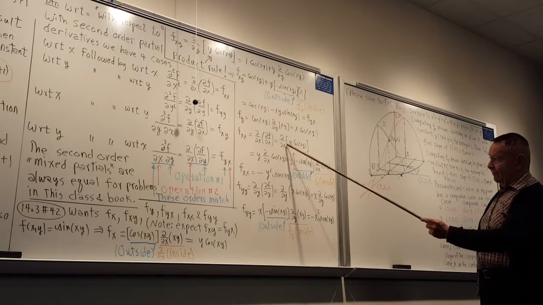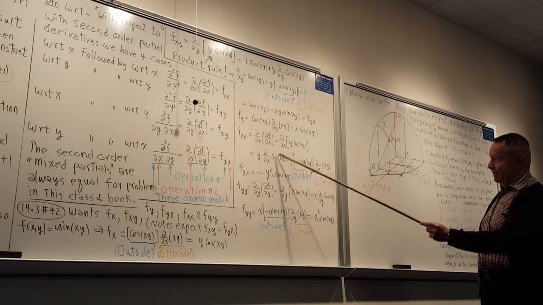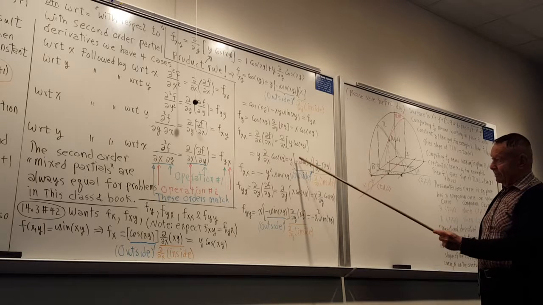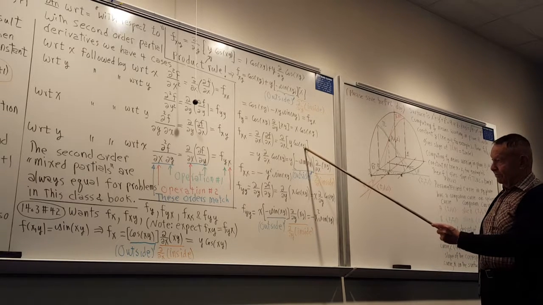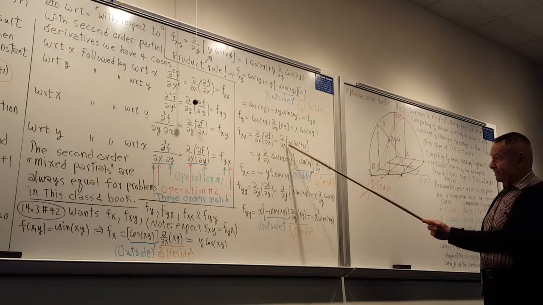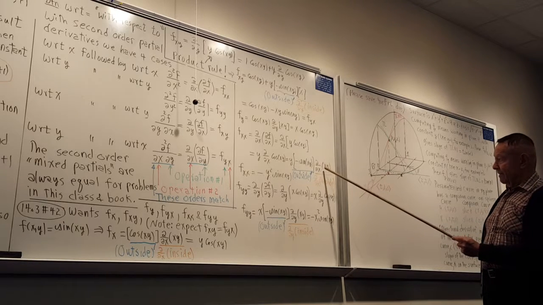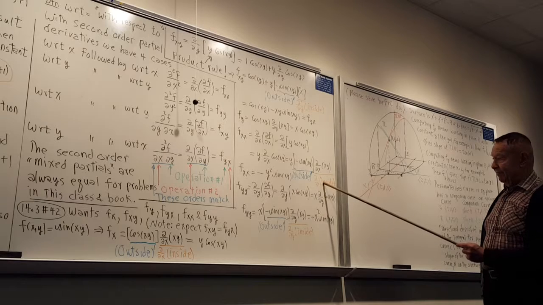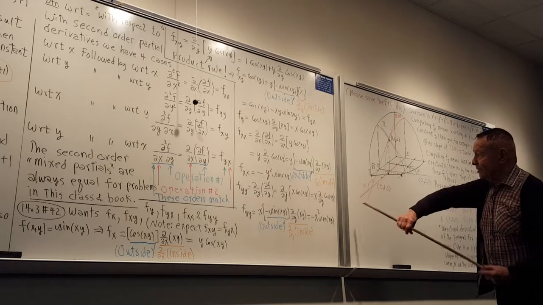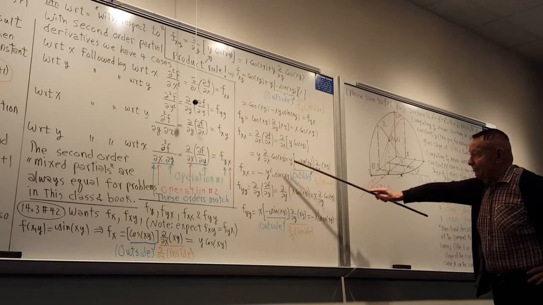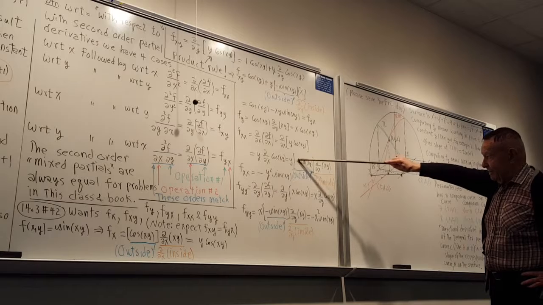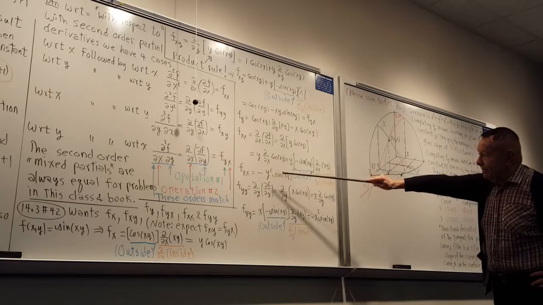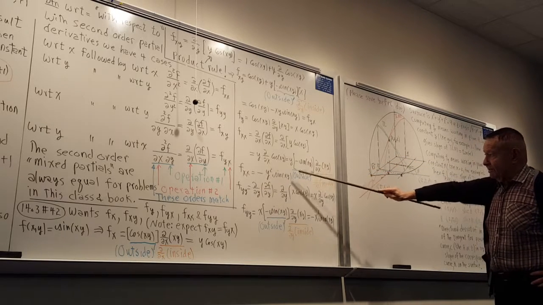And then I have this y times the partial with x of the cosine, which is minus the sine times the partial with x of the angle here. So I finally have a y out of this and a y out of that and a minus sign there. So minus y squared sine xy.